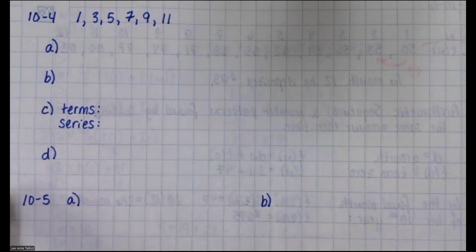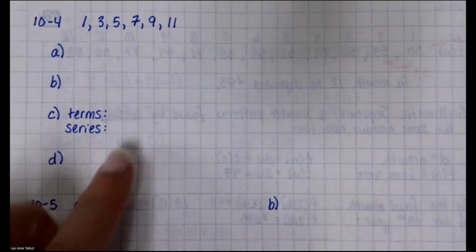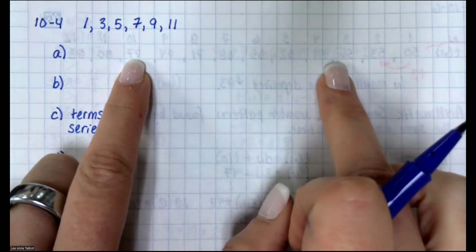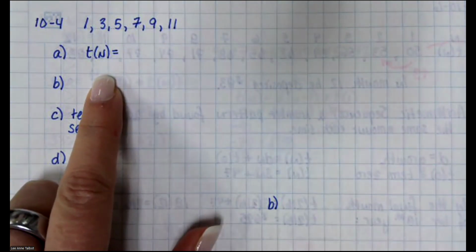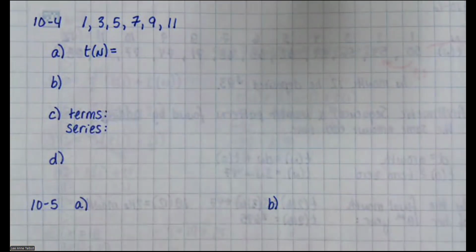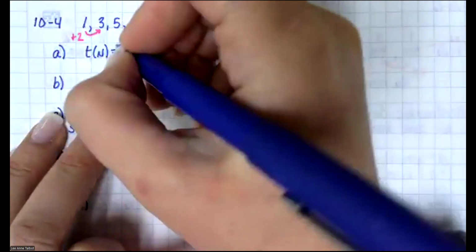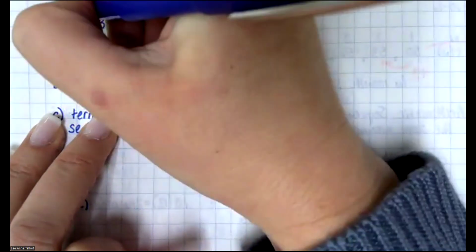Okay. So the first thing we're going to do on number 4 is we're going to practice writing the equation. We're going to write it both ways. We're going to write it in terms of term 0 and term 1. Okay. T of n equals. What is the growth in this problem? Plus 2. 2n.